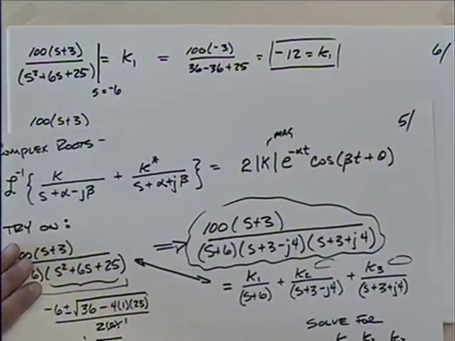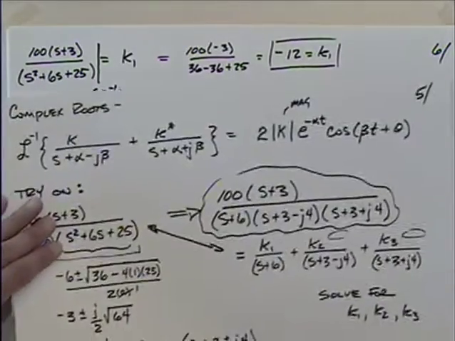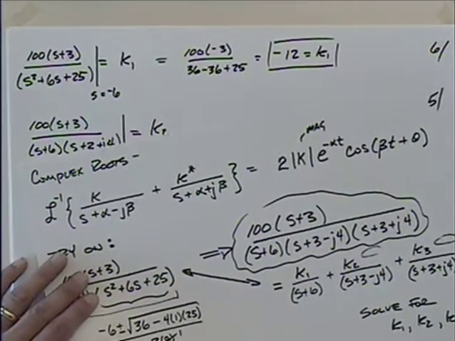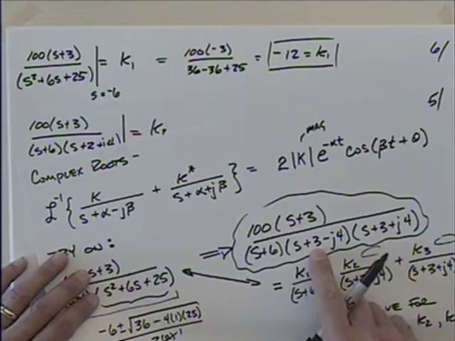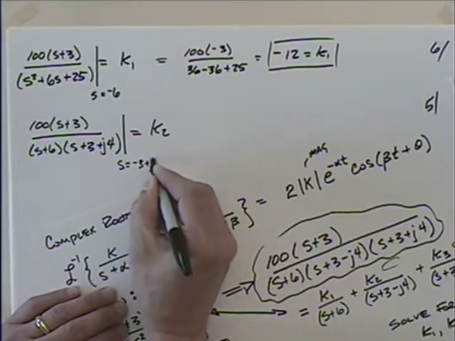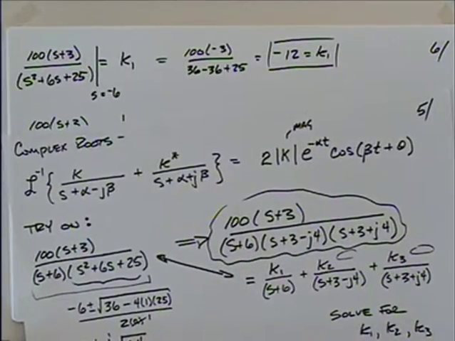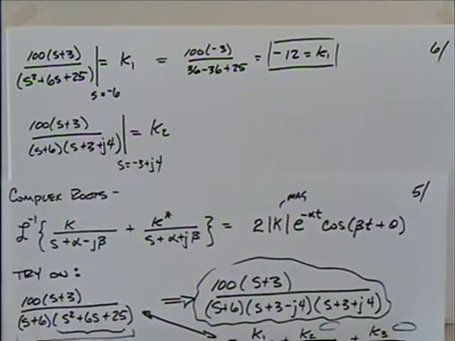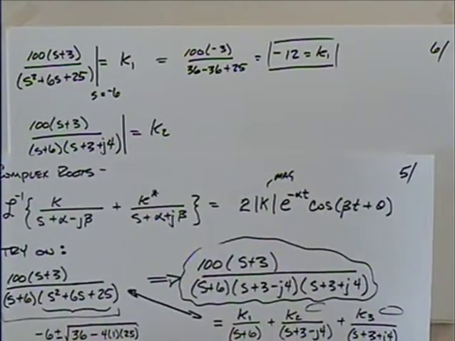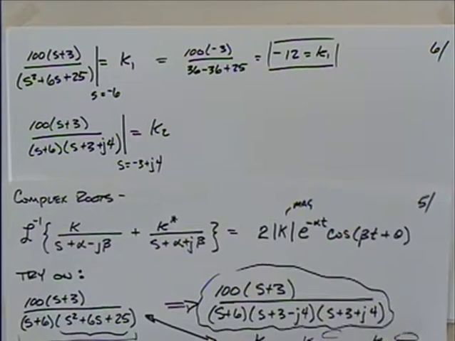I'm left with that one. And that is equal to K2 as long as we evaluate at what? S equals minus 3 plus j4. Isn't that right? No, I think it's plus j4. Yeah, I think I'm okay.